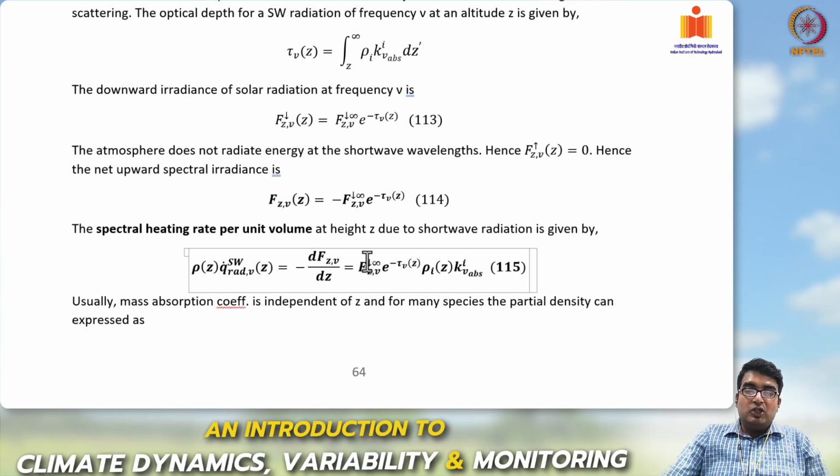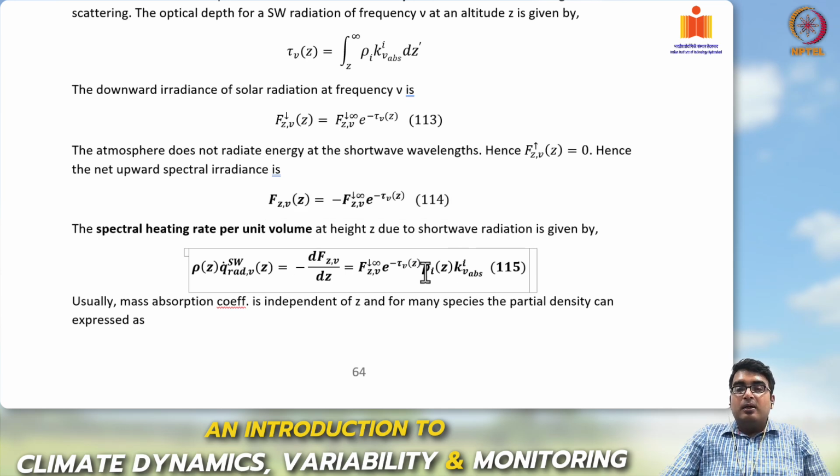Okay, now Fz we can replace by d/dz of this term here. If we differentiate this term, tau nu can be differentiated, d tau nu dz, which is rho I k nu absorption I, correct? This term comes out, and then the original term Fz nu downwards at infinity e to the power minus tau nu z.